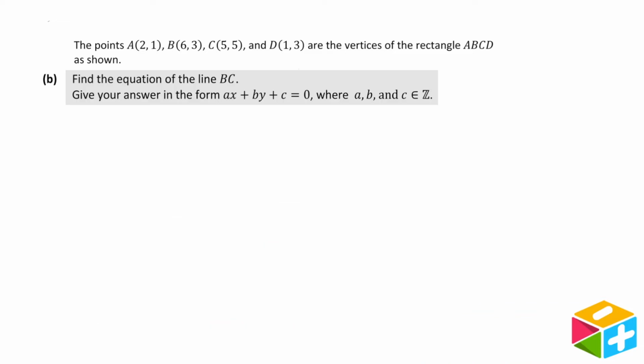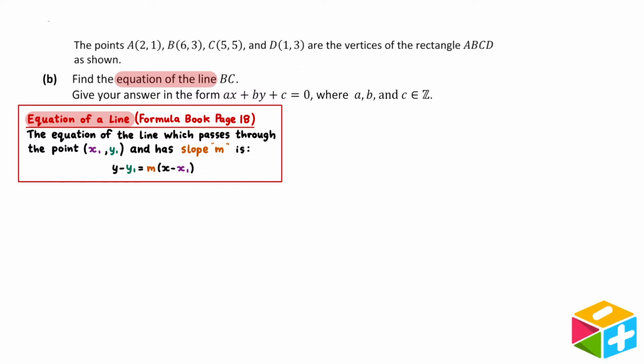Part B. Find the equation of the line BC. Give your answer in the form ax + by + c = 0, where a, b, and c are elements of the integers. We are asked to find the equation of a line.